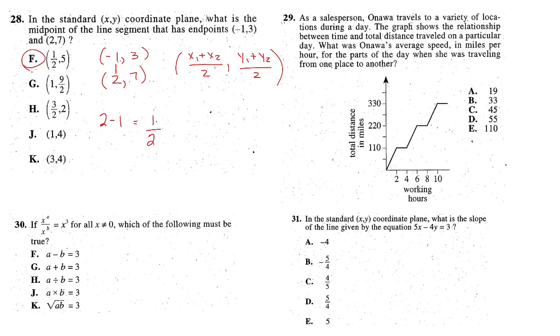Let's see, number 29. So this person is traveling, and I want to know what is her average speed for the parts of the day where she was traveling from one place to another. So from here, she was traveling from 0 to 2, and she traveled a total distance of 110.